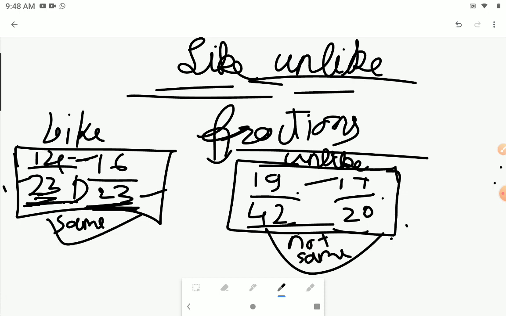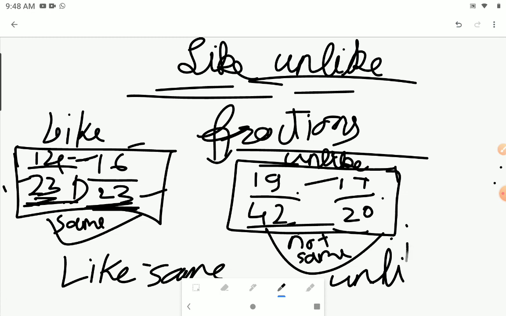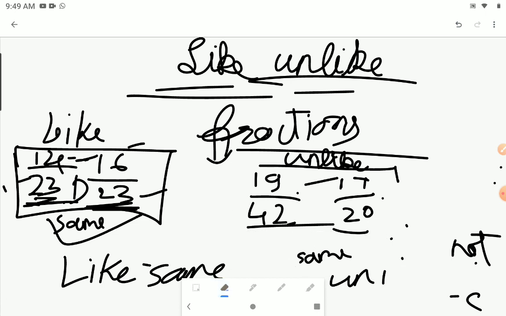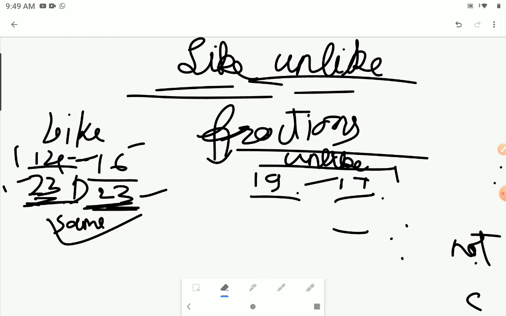We have these two types. Like fractions means the same. Unlike fractions means not the same.